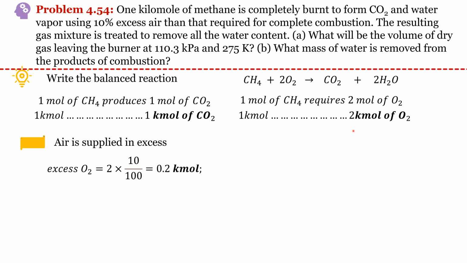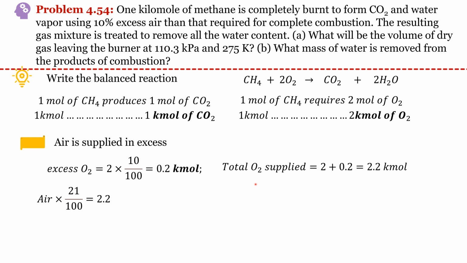Required O2 as per the stoichiometric equation is 2 kilomole. So 10% of 2 will be equal to 0.2 kilomole. Total oxygen supplied will be the theoretically required oxygen, that is 2 kilomole of O2, plus the excess amount, 0.2 kilomole. So total oxygen supplied will be 2.2 kilomole.